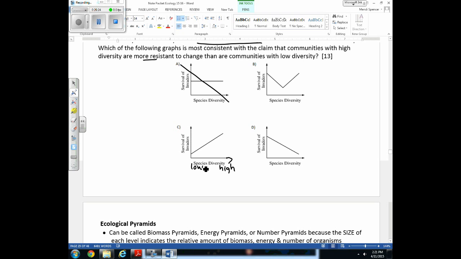And so it looks like when we have high diversity, which is good, we want high diversity, you can see that we're getting a whole bunch of the invaders surviving, and that's not going to be a good situation for this community. If we look at D, we see that there's high diversity, there's a really low number of invaders surviving. And that would be good for the ecosystem. That means the ecosystem is very stable if an introduced species is not destabilizing it.